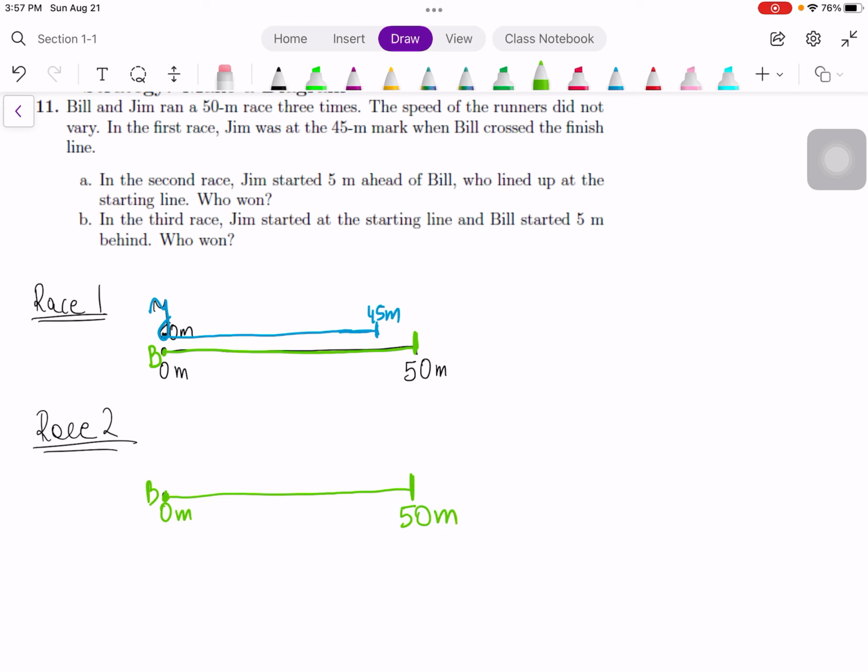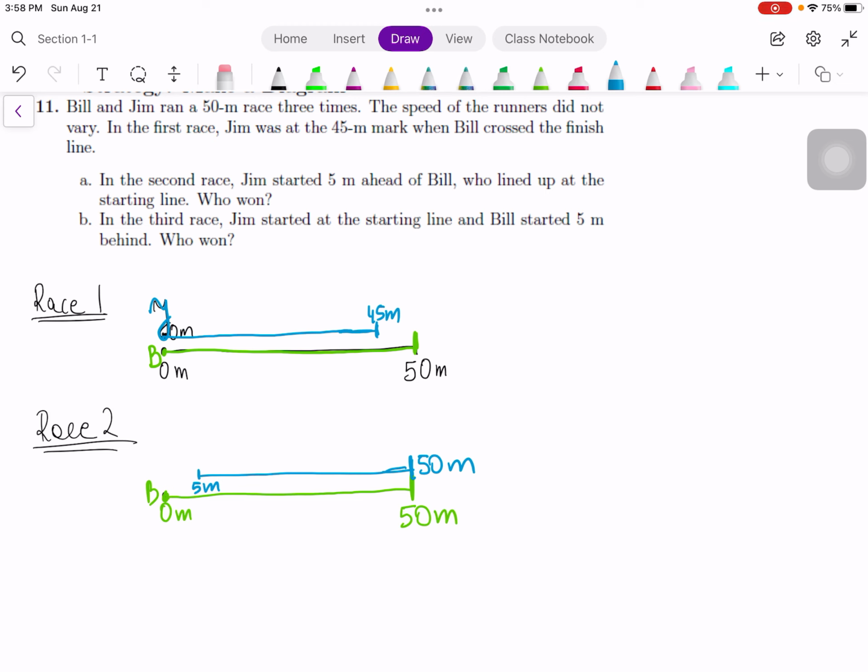At the moment Bill finished, what happened with Jim? Now we know that when Bill does 50 meters, Jim runs only 45 meters. Which means that since Jim started 5 meters ahead of Bill, they both arrived at the finish line at the same time.